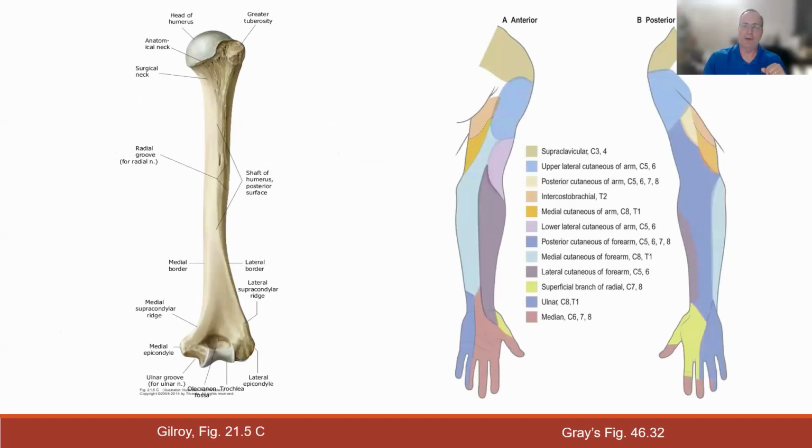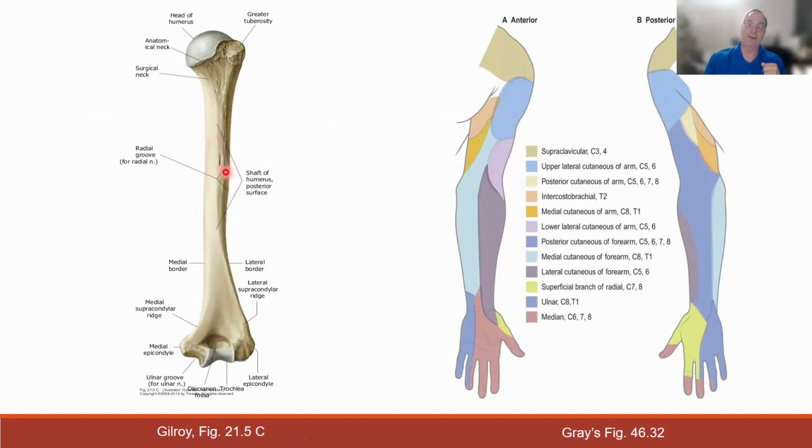So here's just a quick review of the anatomy. The radial groove, also called the spiral groove, is where the radial nerve is going to wrap around. This is a posterior view of the humerus.